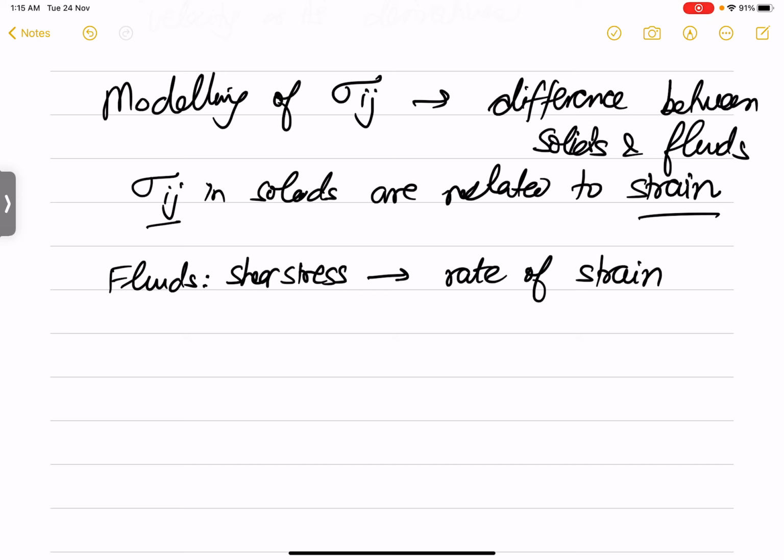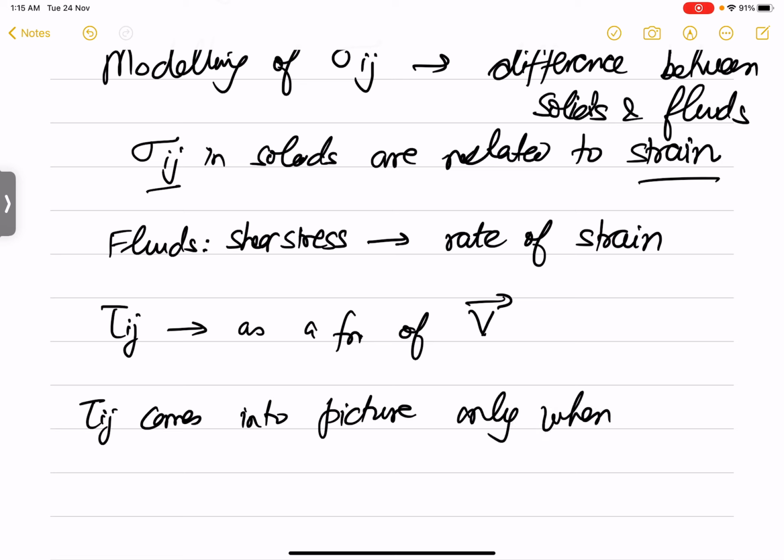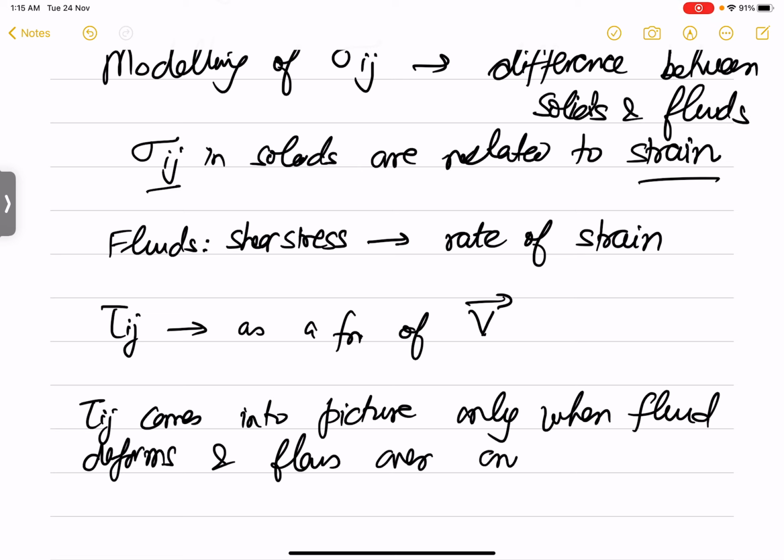But to do that, we first need to find tau ij as a function of the velocity field. Now we realize that tau ij comes into the picture only when the fluid deforms and flows over, one element to another element of fluid.